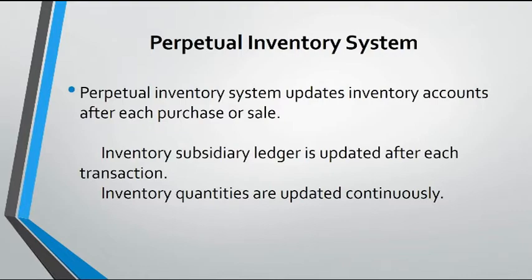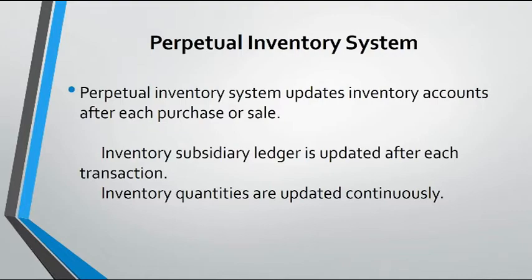So kapag sinabi natin perpetual inventory system, meron tayong hiwalay na ledger, di ba? We have special ledger for different type of accounts. So for this case, yung ledger na yon is to be specific para sa inventory lang. Na kapag ikaw ay gumagamit ng perpetual inventory system, yung subsidiary ledger mo for the inventory is always updated at the after each transaction.